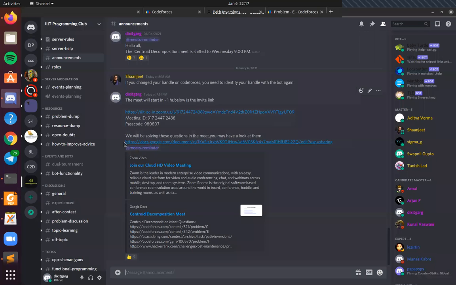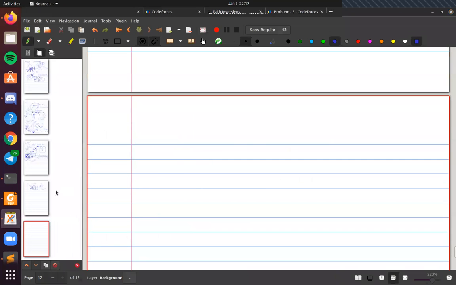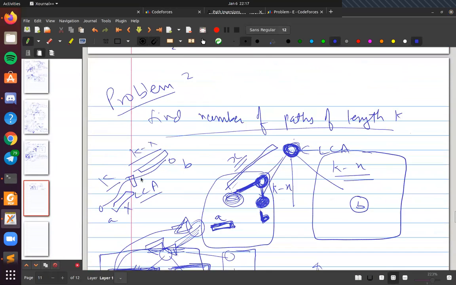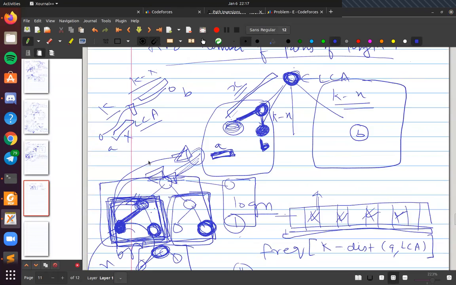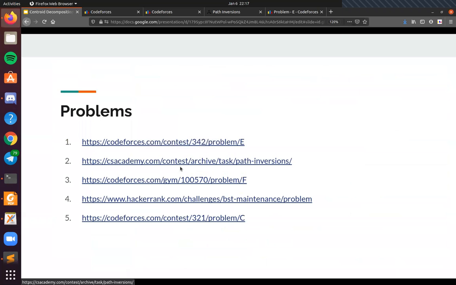There are many more questions. To practice, I will give you other questions also. This is the standard question: find the number of paths of length k, and find the minimum. These are the standard questions which I am doing. I will give you more questions to practice.